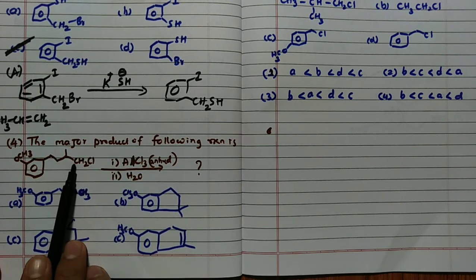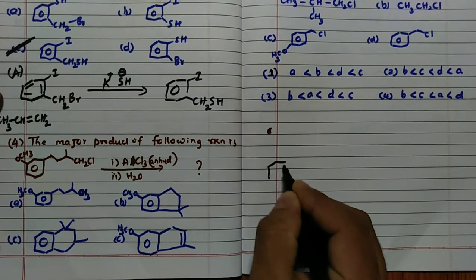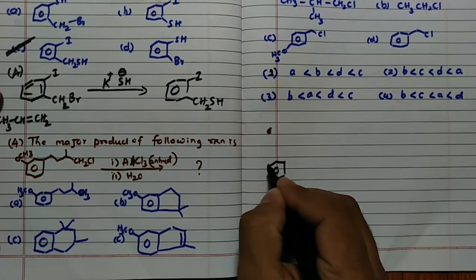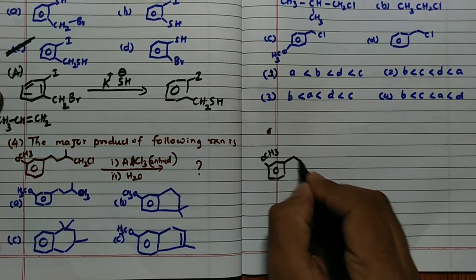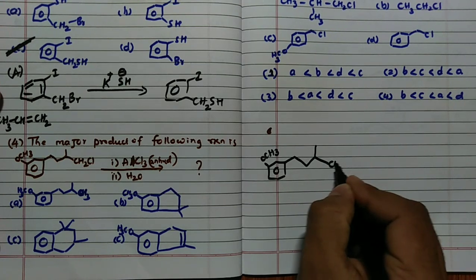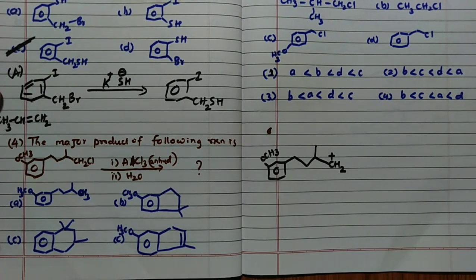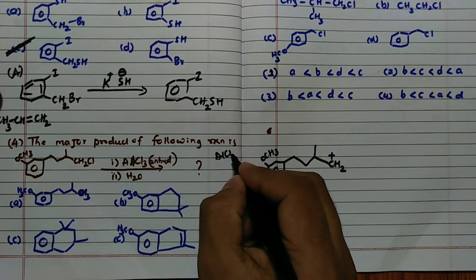So a carbocation is formed here. You can see clearly, this OCH3 is not touched at all. This carbon is there, this carbon is as it is, and here I will write CH2 plus, because AlCl3 will take this Cl to form AlCl4 minus.